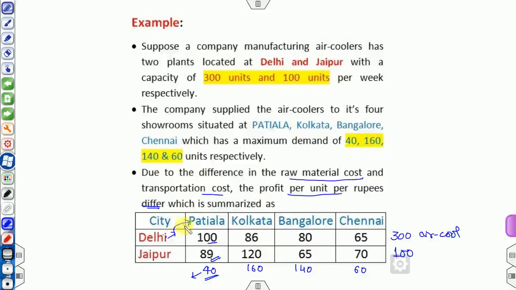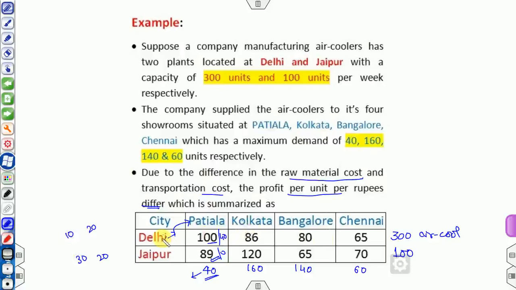So from where can they buy? Either from Delhi or from Jaipur. It may be that they buy 40 units directly from Delhi and no units from Jaipur, or they can buy 20 units from Delhi and 20 units from Jaipur, or any other combination, 10 and 30, for example.